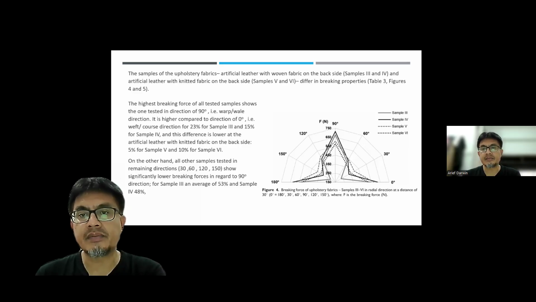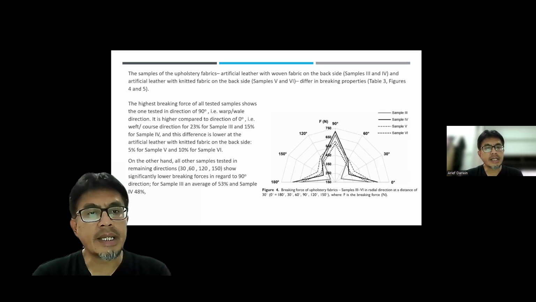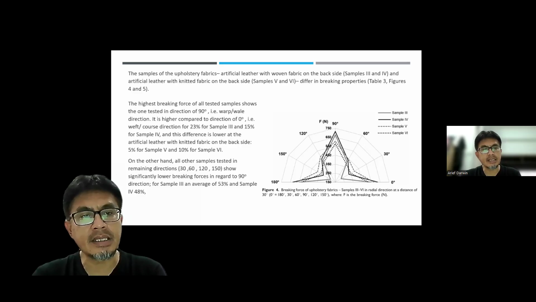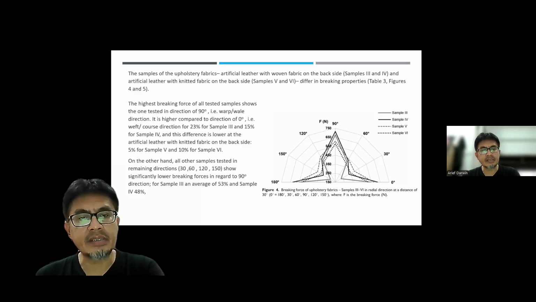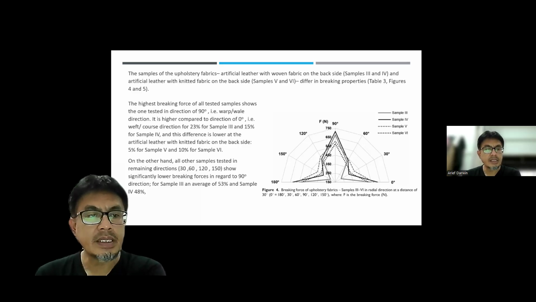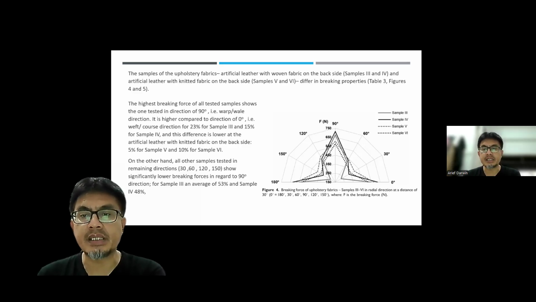So the difference with the knit fabric backside is lower than with the woven fabric backside. On the other hand, all other samples tested in the remaining directions show significantly lower breaking force compared to the 90-degree direction. For sample 3, it is on average 53% lower, and sample 4 shows 48% lower.